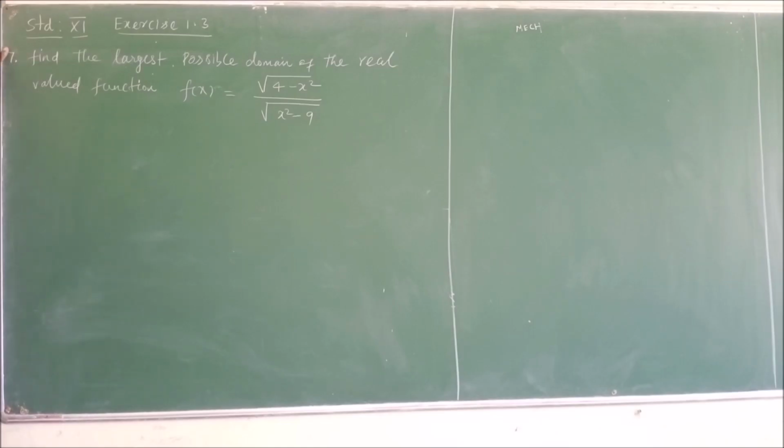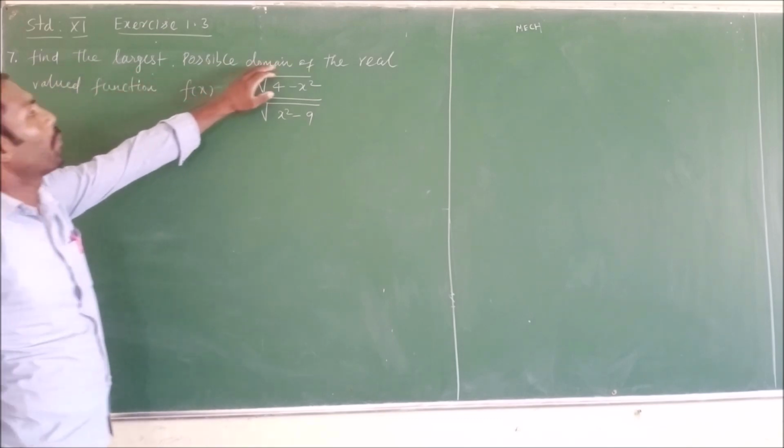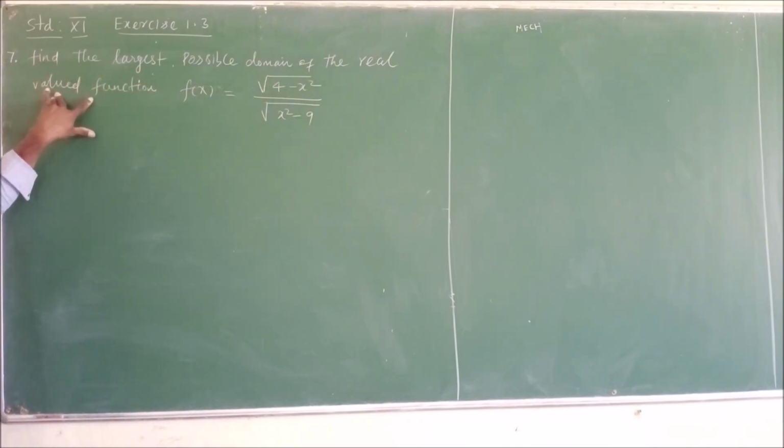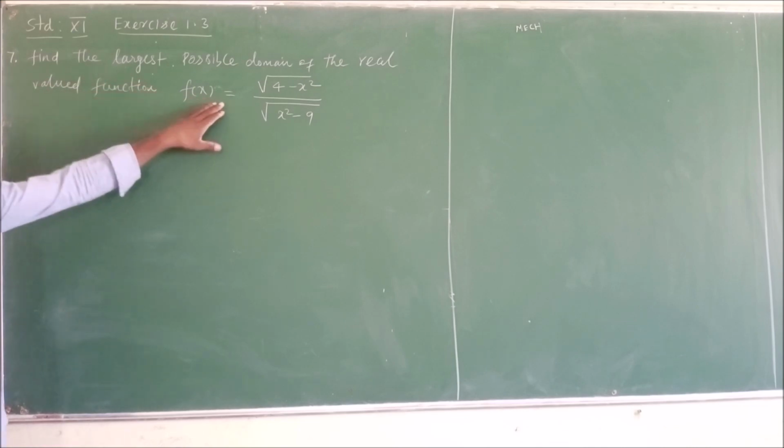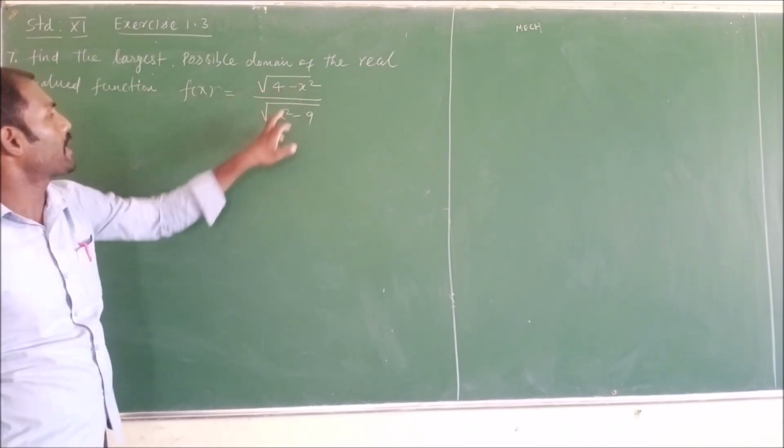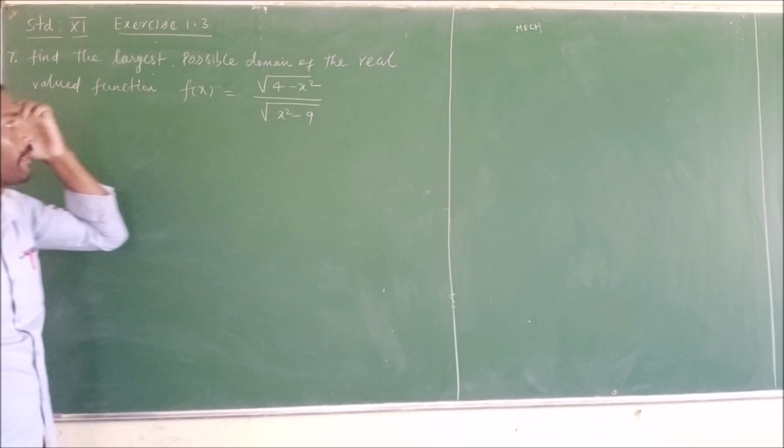Problem number 7. Find the largest possible domain of the real valued function f of x equal to square root of 4 minus x square by square root of x square minus 9.